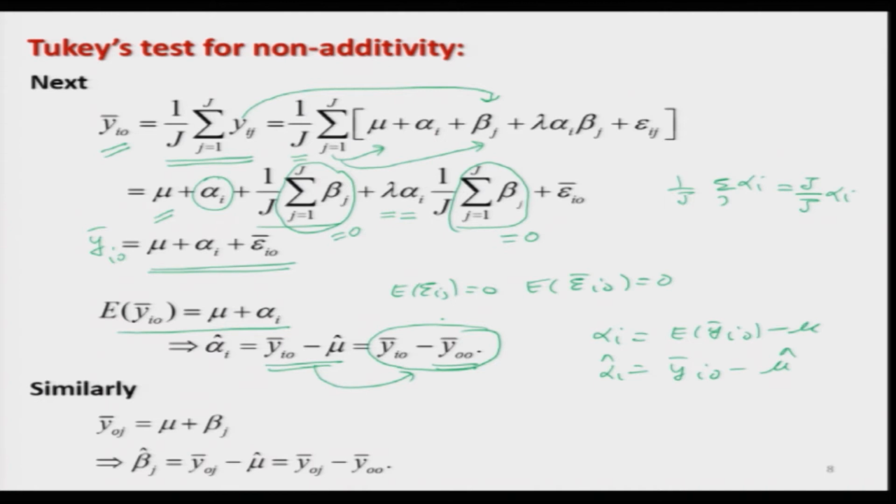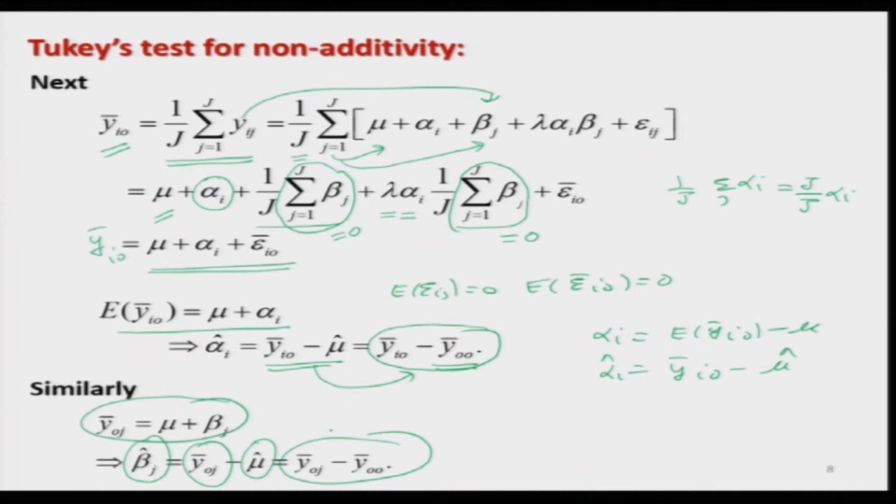When you conducted the two-way analysis of variance without interaction, you had obtained the same estimator of alpha I. And in this case also, you have not made any assumption that lambda is equal to 0 or not, but still you are getting the same estimator of alpha I. Now, you can do the similar exercise with y naught j, and you can obtain very easily that beta hat j will come out to be y bar naught j minus mu hat, which is equal to y bar naught j minus y bar double naught.